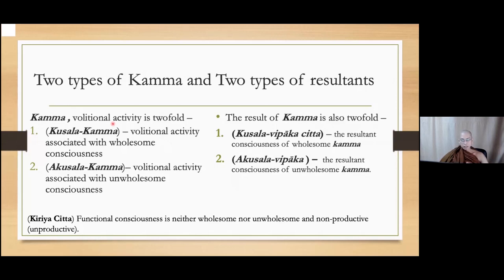So volitional activities are whatever physical, verbal, or mental activities are caused by, or together with, the volition. That's called volitional activities. That is twofold: the first one, kusala karma, and second, akusala karma.